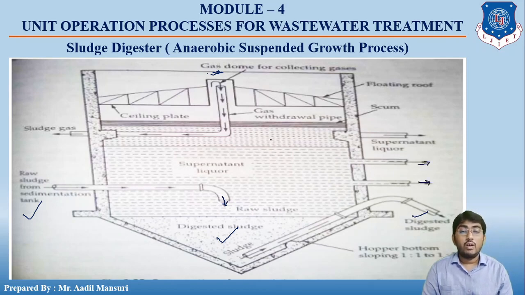Now the gas which is collected, being lighter than air, will get collected in the gas dome, and it will be removed with the help of sludge gas pipeline. Understood students? Let me explain you the whole process.